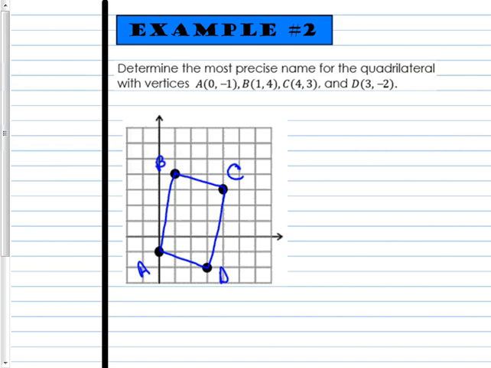Looking at the shape, it looks to me to maybe be a rectangle. But before we can figure that out, we'll see if it's even a parallelogram. A parallelogram has to have 2 sets of parallel lines. So we're going to find the slope of AB, and we need to compare it to the slope of DC.